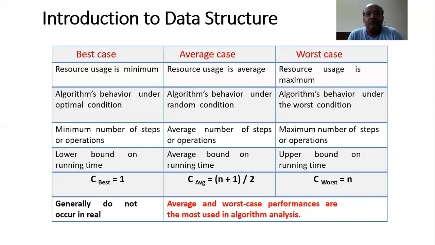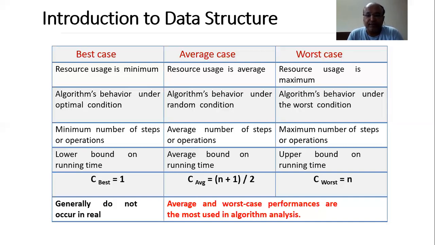This will be very useful when you learn the subject Analysis and Design of Algorithms, which comes in semester 5. This will be very helpful in the ADA subject, because the base subject for ADA is data structures. So this is the comparison of best case, average case and worst case.